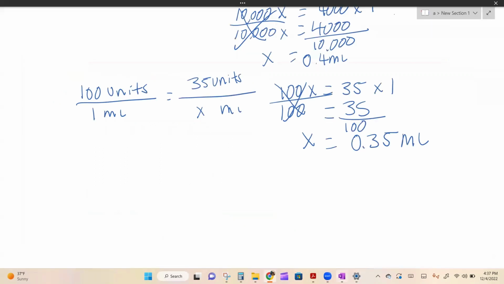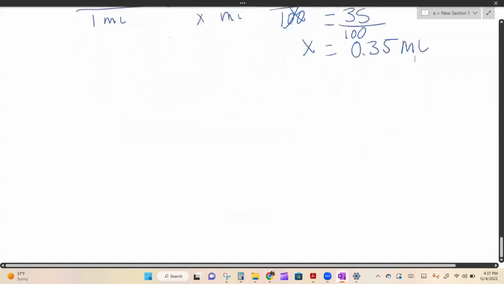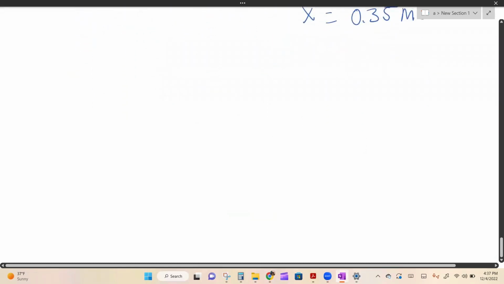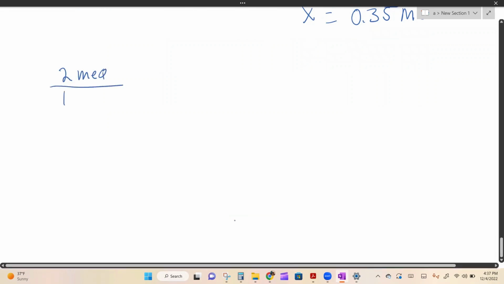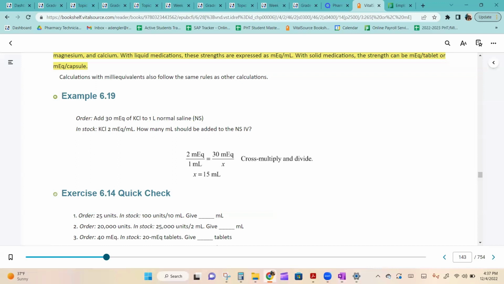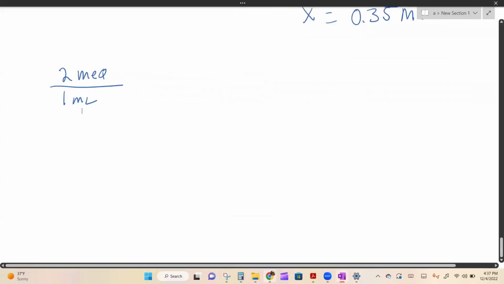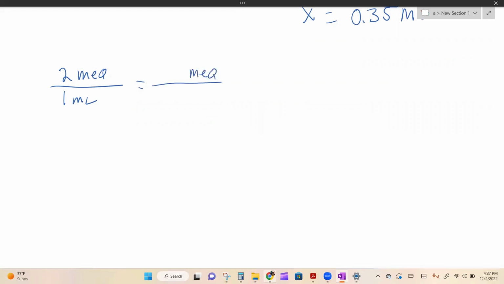So the medication strength is 2 milliequivalents per 1 ml. And we want to give the patient 30 milliequivalents. So remember, units are going to go directly across.